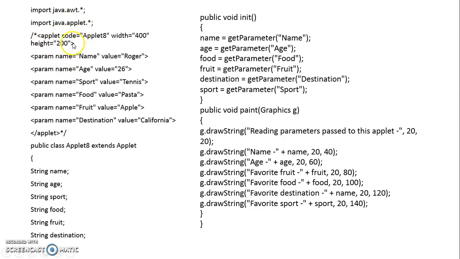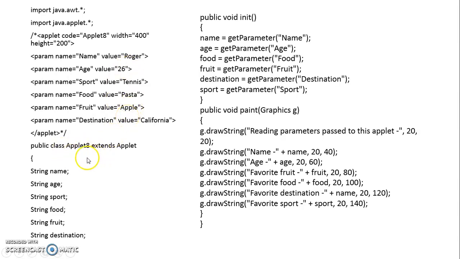Here first is the class which we are going to embed in the applet, that is applet8. Next are the parameters we are passing. Here the names of the parameters are name, age, sport, food, fruit and destination, and the values are Roger, 26, tennis, pasta, apple and California. So we are passing the parameters with their values.